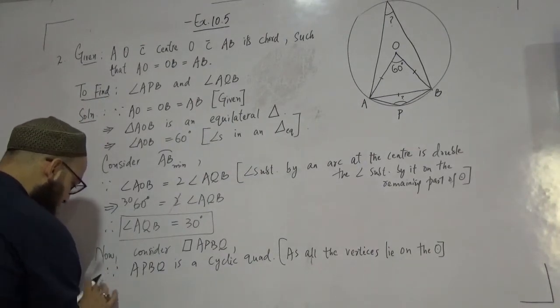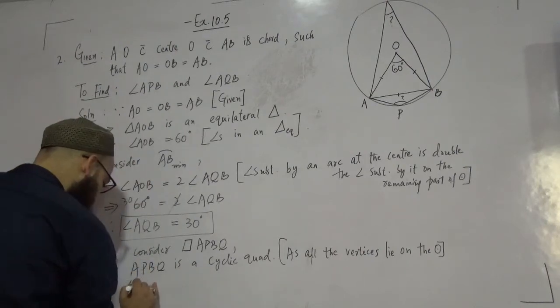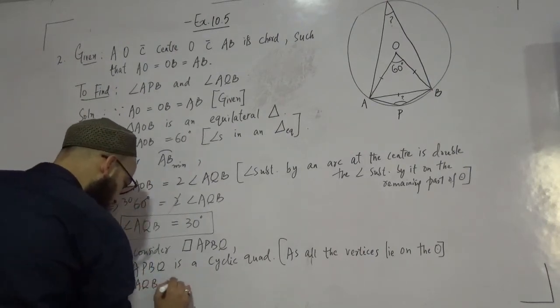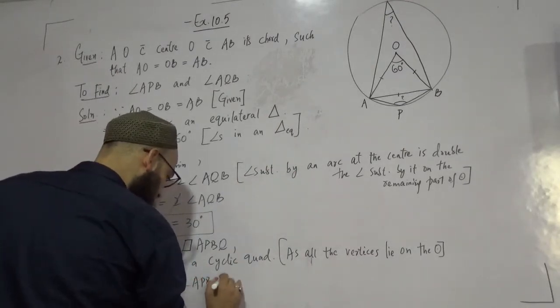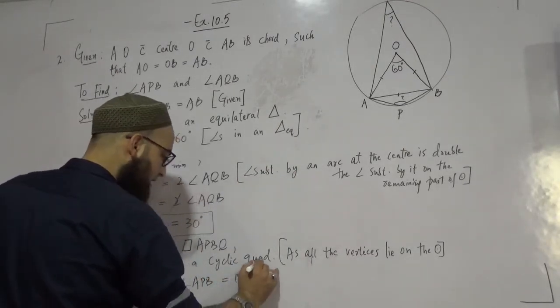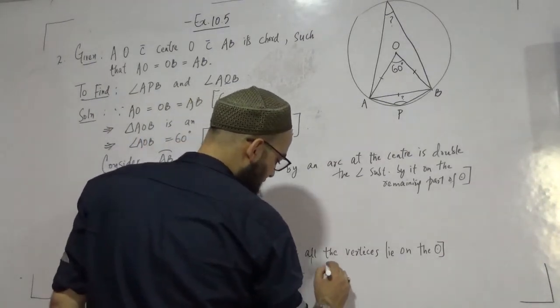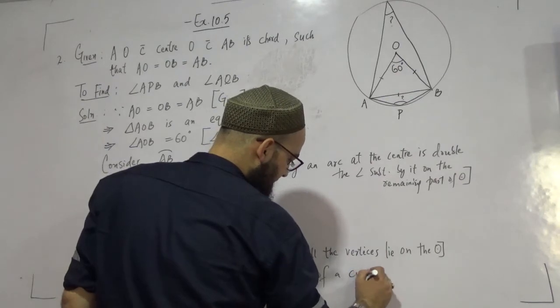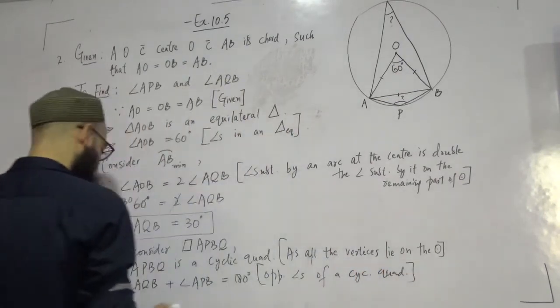Then, which implies that angle AQB plus angle APB is equal to 180 degrees, opposite angles of a cyclic quadrilateral.